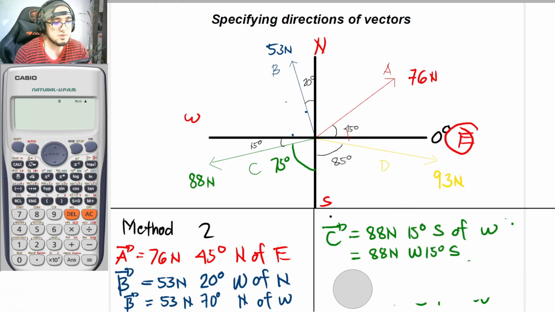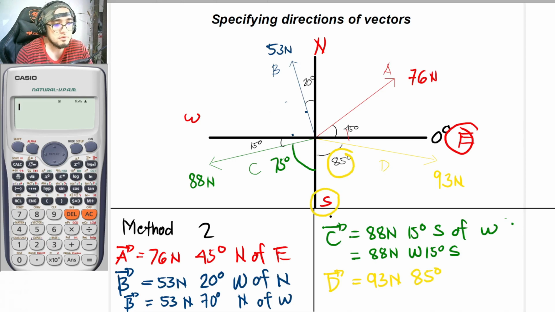Okay, so I will just be erasing this for me to have space for vector D. So for vector D, this is to be equal to 93 newtons, and it is now to be 85 degrees. So 85 degrees. And from south, you would be going east. So with that, east of south.